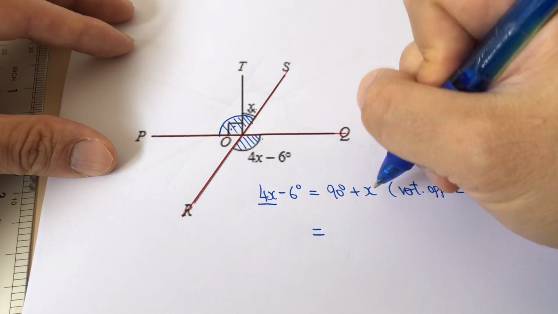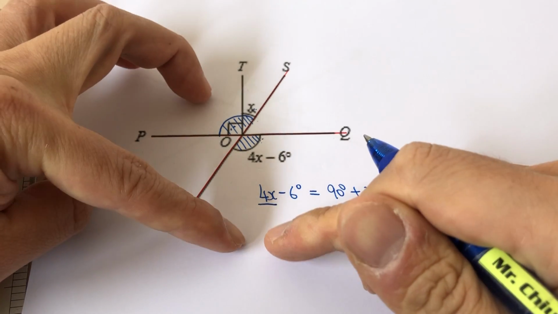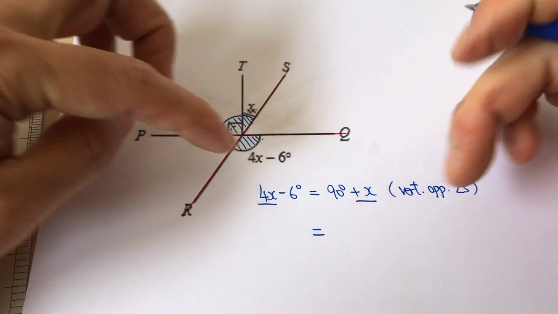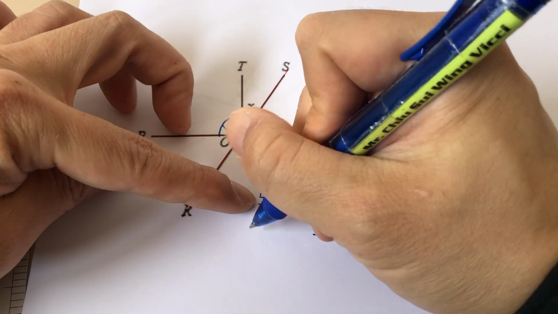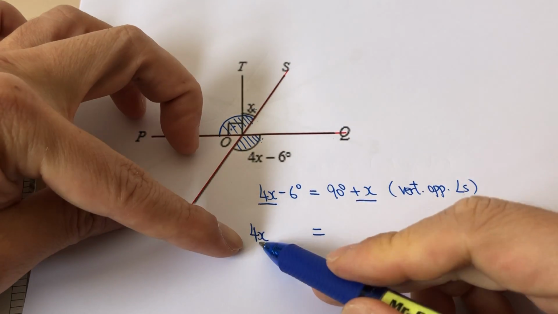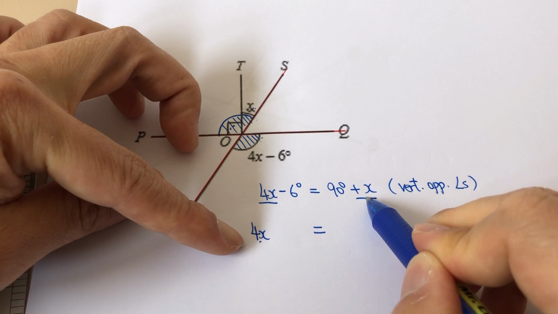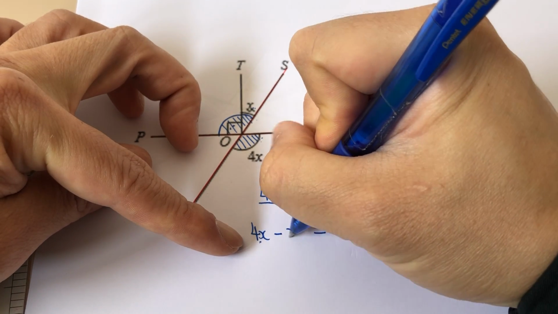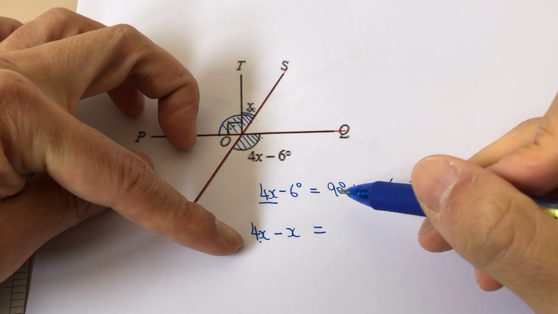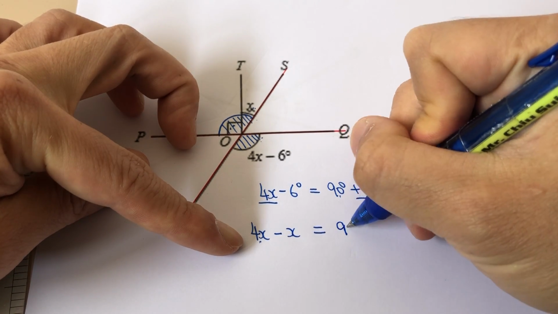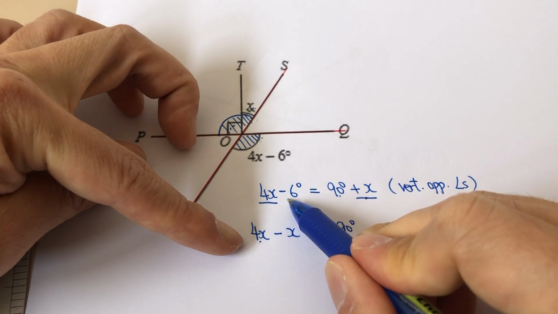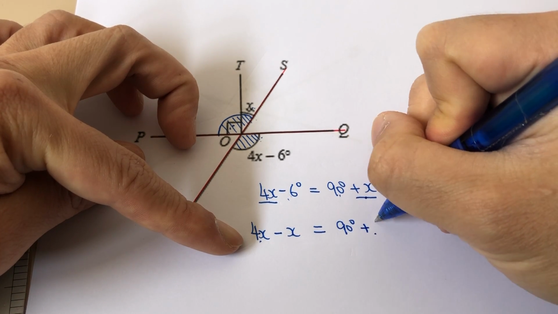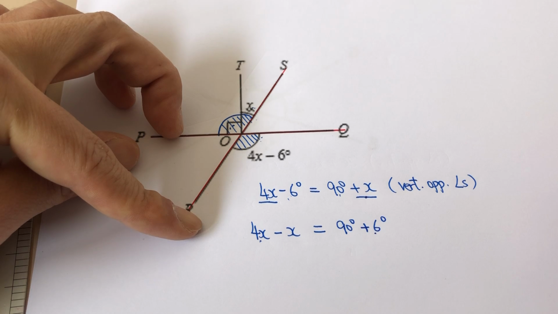Yes, all the x, you should put them on the same side. And all the angles, you should put them on the same side. So 4x is fine, just copy. But this positive x, you're going to move to the left-hand side, so it becomes negative x. And 90 degree is fine. Negative 6 degree, you should move it to the right-hand side, and it becomes positive 6 degree. All right?